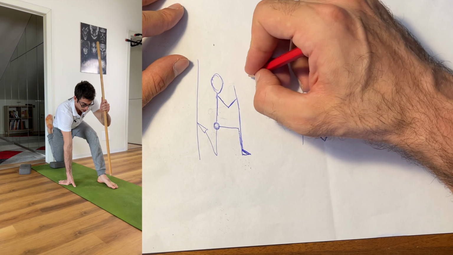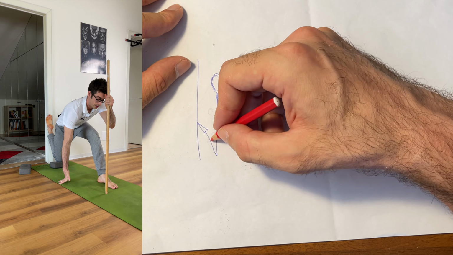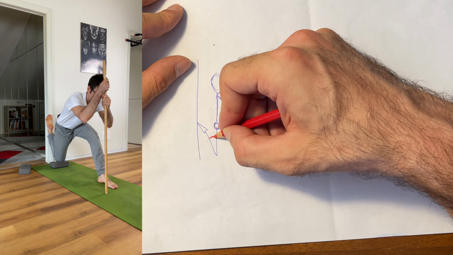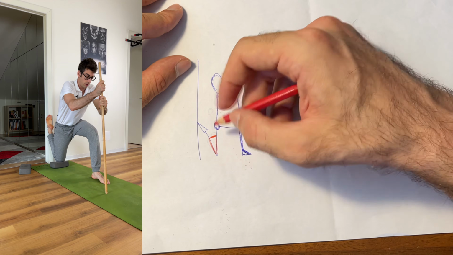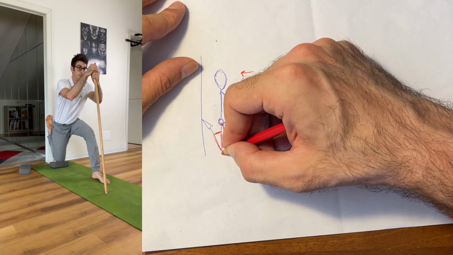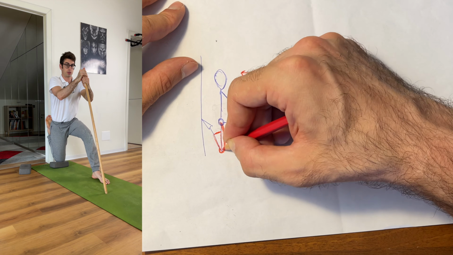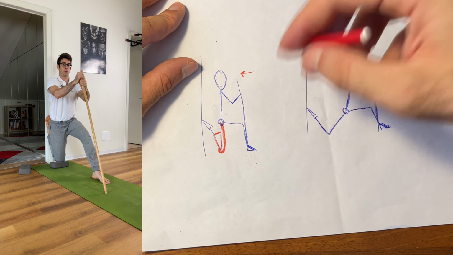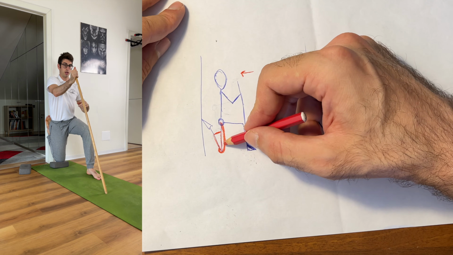The reason is that we drive our body toward the wall, and this decreases this angle here, the angle of the knee. And since the quad is a muscle that goes from your hips to right under your knee, like this, the more you bend your knee, the more you stretch your quad.